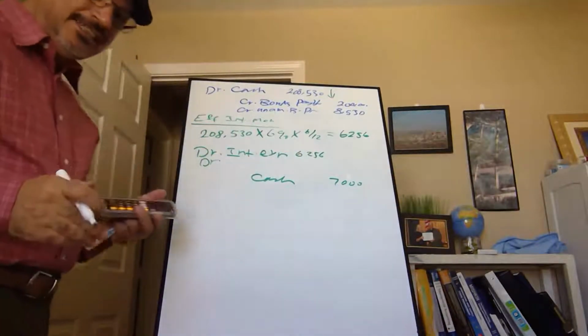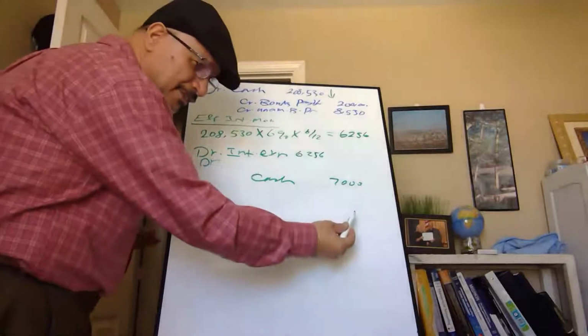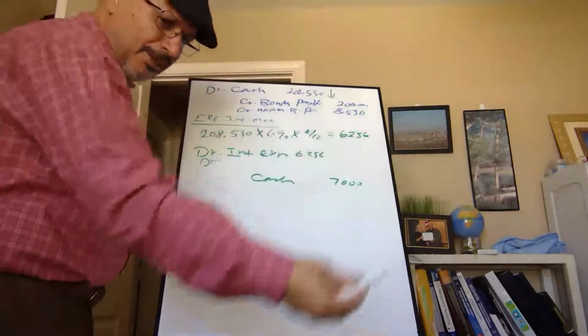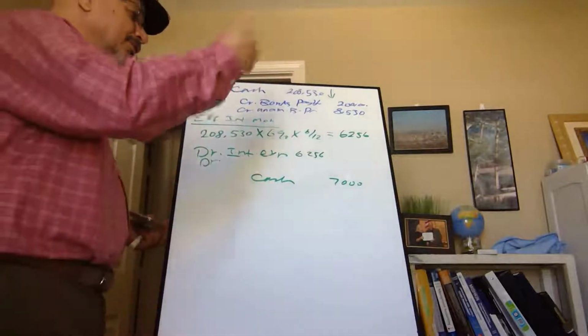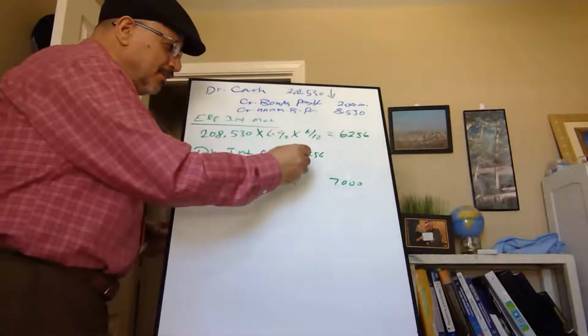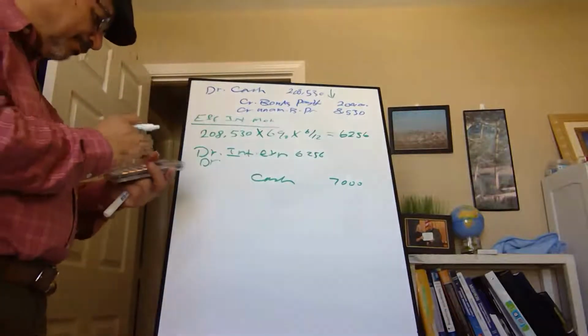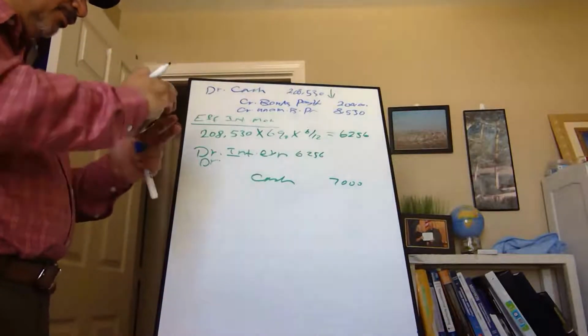We pay $7,000 in interest to the bondholders, but we recognize $6,256. So how much do we amortize?